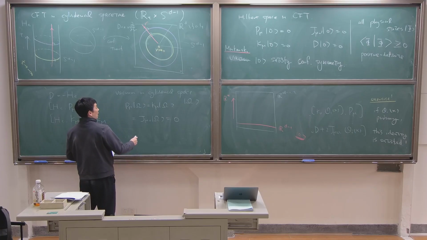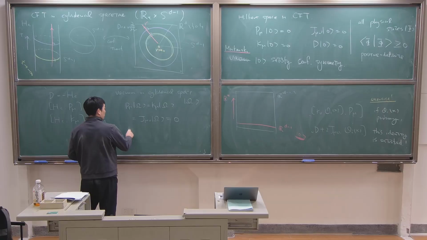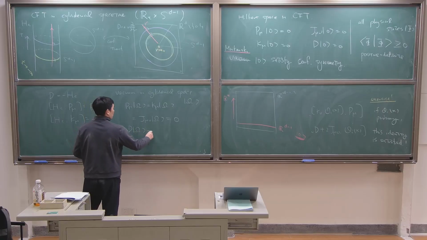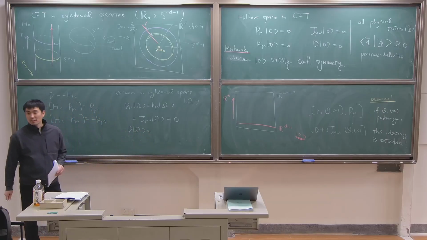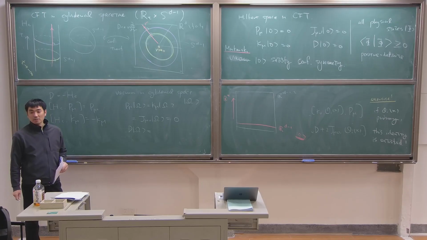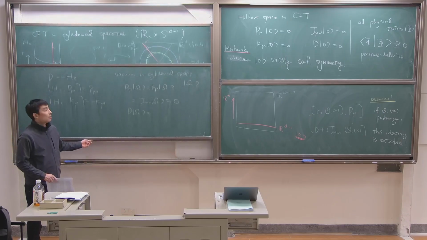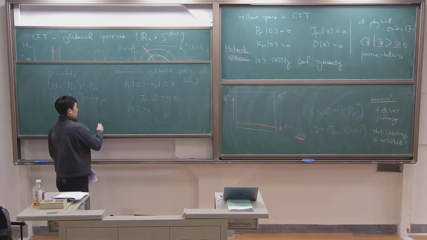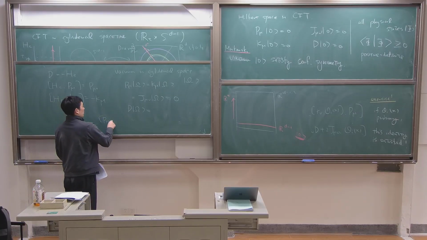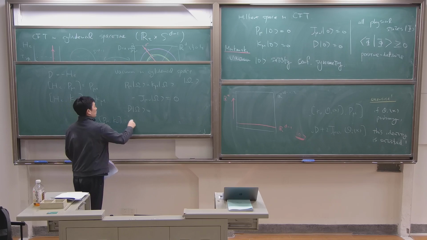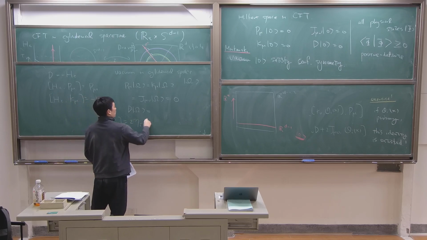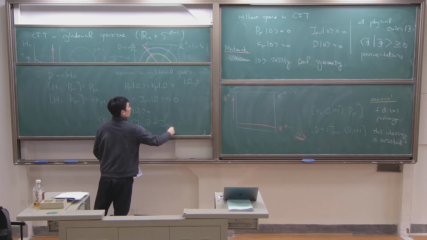And how about D acting on omega? What would you get? How does it act? Since we know the commutator of P mu and K nu is 2 times delta mu nu D plus J mu nu, okay?